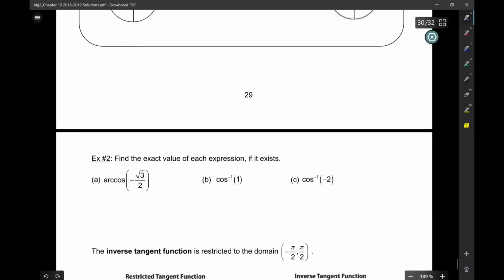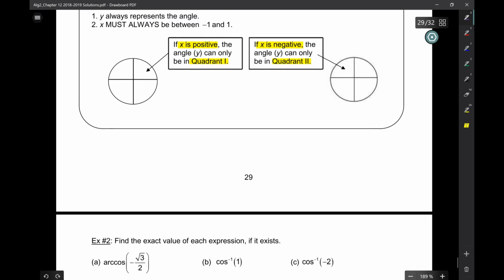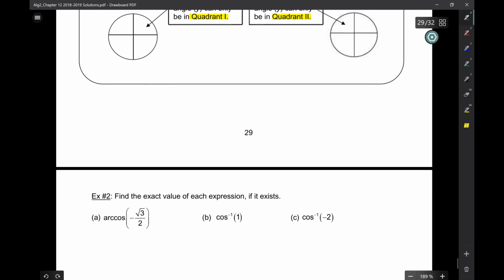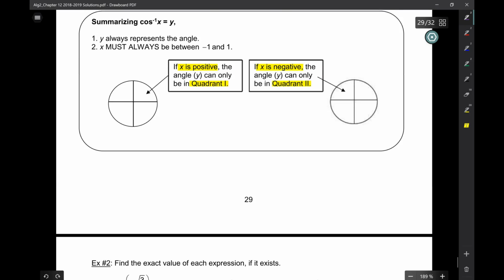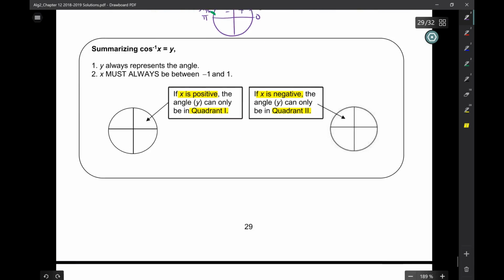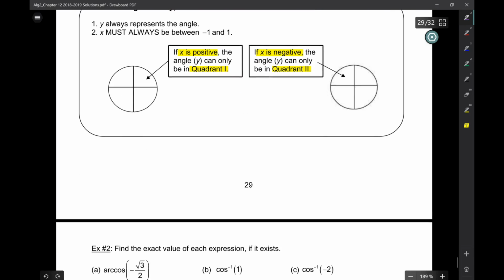Okay, so let's take a look at these. Arc cosine, negative root 3 over 2. Which quadrant is it going to be in? 1 or 2? 2. Okay, so for what angle is the cosine root 3 over 2? Is it pi over 3 or pi over 6? Pi over 6. Because you have to go longer here, cosine, and shorter sine.